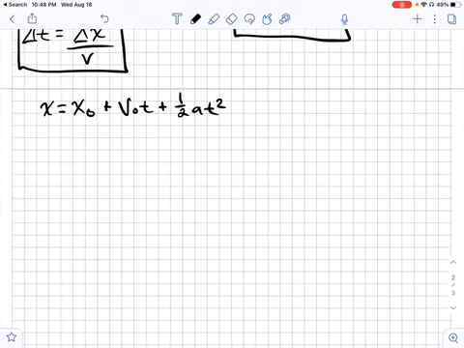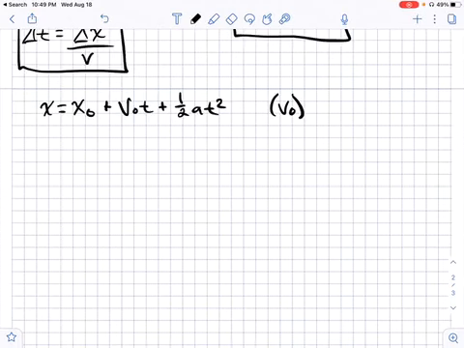Let's say that we're going to solve for v naught. Looking at all the operations taking place on the right side, we have some additions going on, and some multiplying going on. So it's reverse PEMDAS. Remember, addition and subtraction are at the end of PEMDAS, so we're going to do that first.